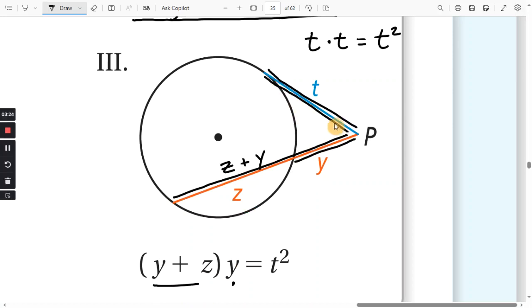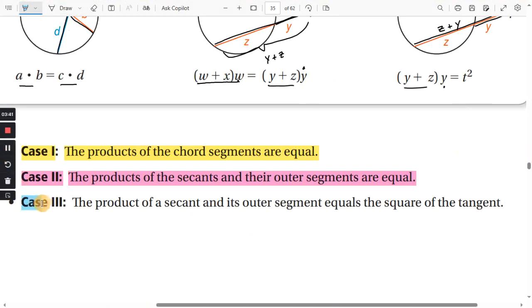So the tangent, you just multiply it by itself, T times T, you get T squared. For the secant, you do the external, which is Y, times the whole thing, which is Z plus Y, or Y plus Z. All right, so in case 3, the product of a secant and its outer segment equals the square of the tangent.